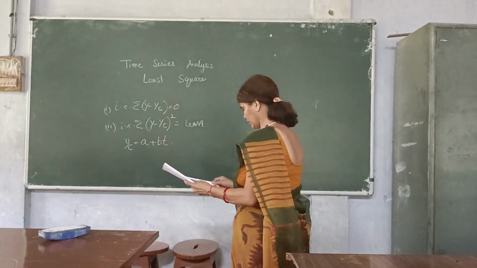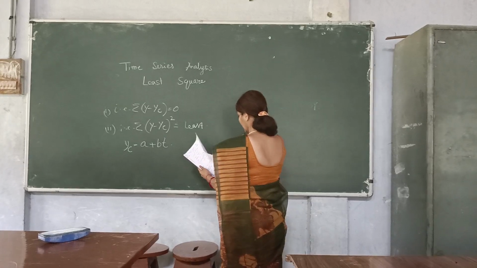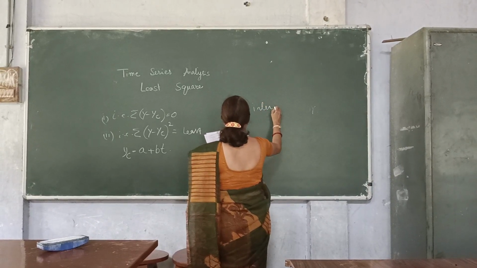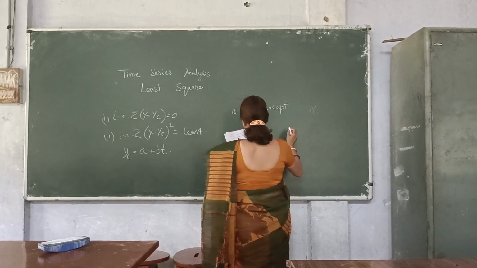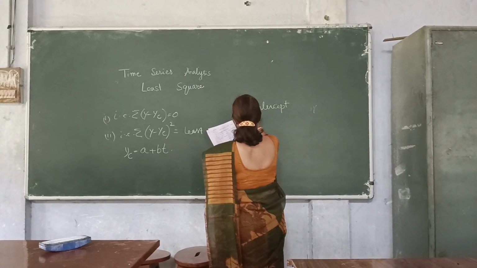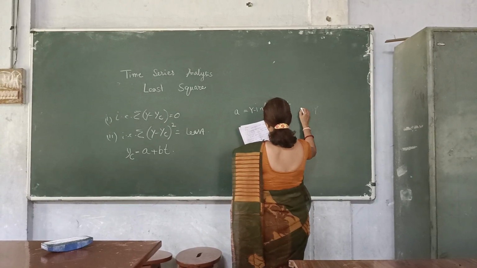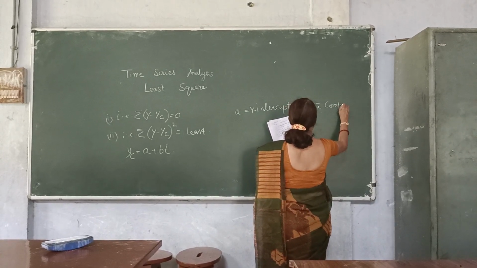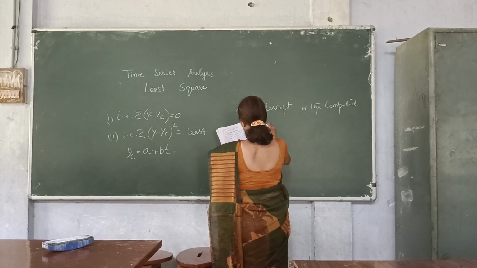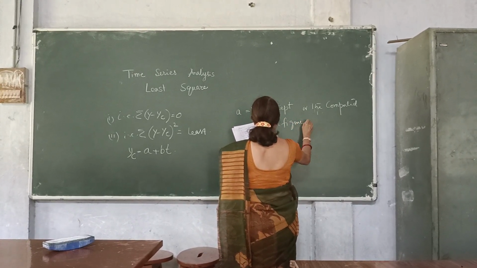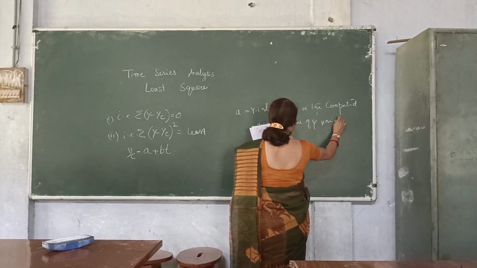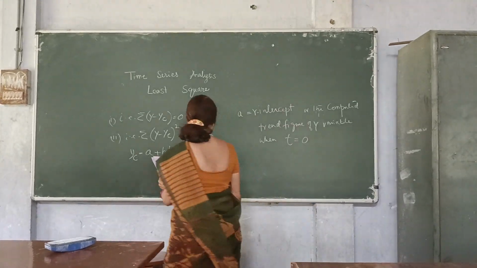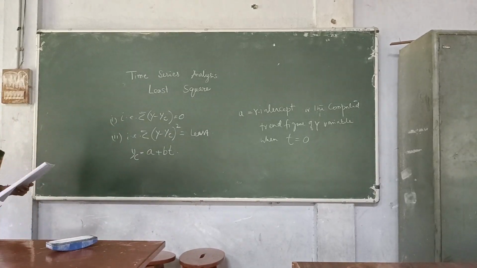A is called the Y-intercept, or the computed trend figure of the Y variable when t equals 0. And t is called the unit of time.